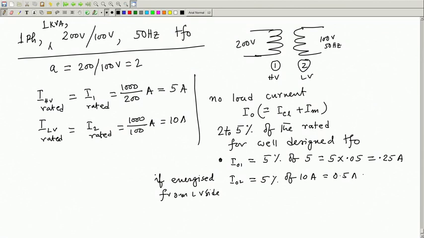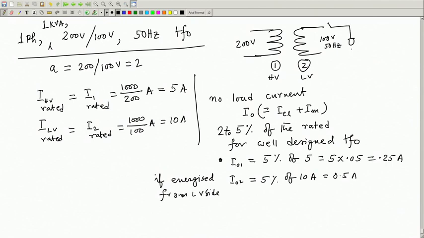So, the no load current value is much smaller compared to the rated value, maybe of the order of 5% of the rated current. See, this transformer could be energized from the 100 volt side as well, that is why I call it the LV side. And your no load current can be estimated. Suppose you are energizing the transformer from the HV side with the secondary no load, meaning no impedance, the switch S is open.